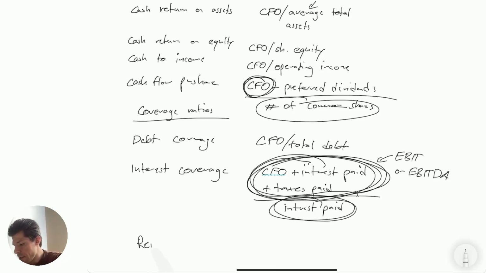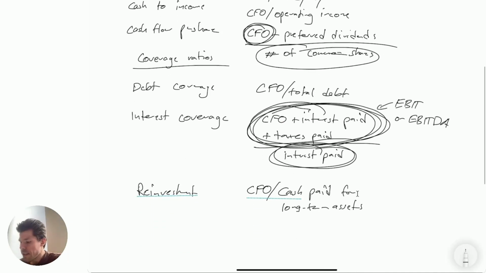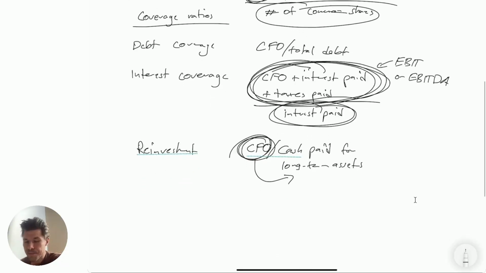Then reinvestment, another ratio, CFO divided by cash paid for long-term assets. Okay, see the ability to acquire assets with operating cash. How much cash do you have to invest in your long-term assets without the need to raise additional capital?